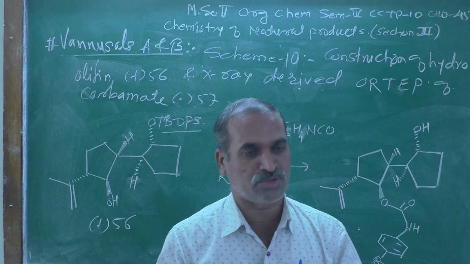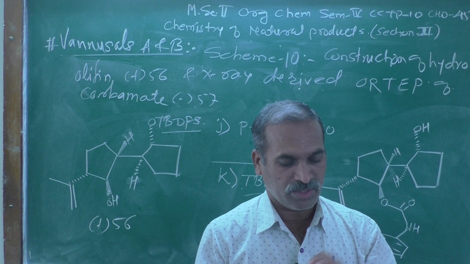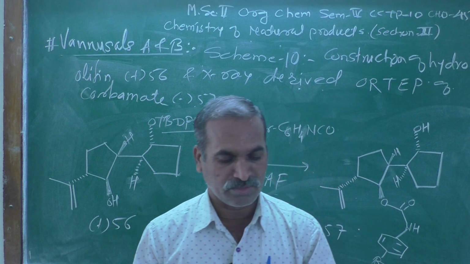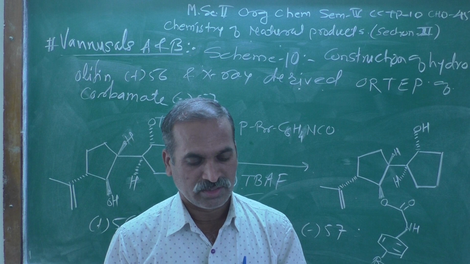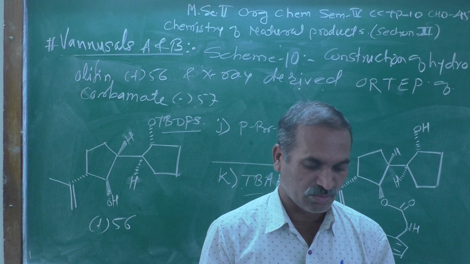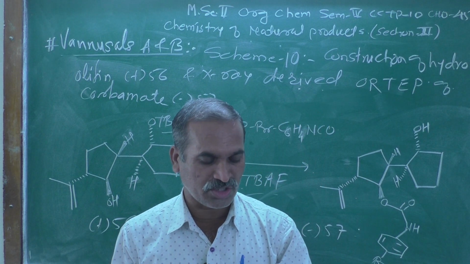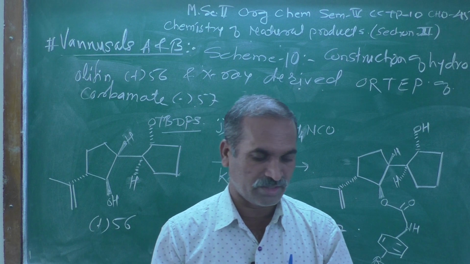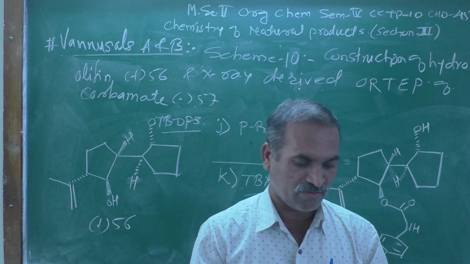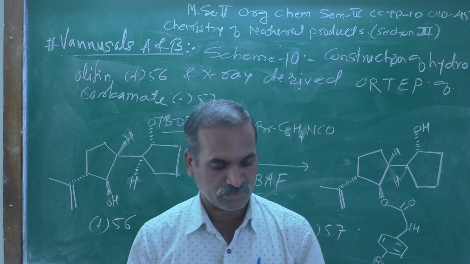Number 50, the enantiomerically pure compound, we treated with TBDPSCl in presence of imidazole, which as we know can protect the hydroxyl group, followed by diol. After addition of these reagents we are getting protection of one group, in other words there is an R group.